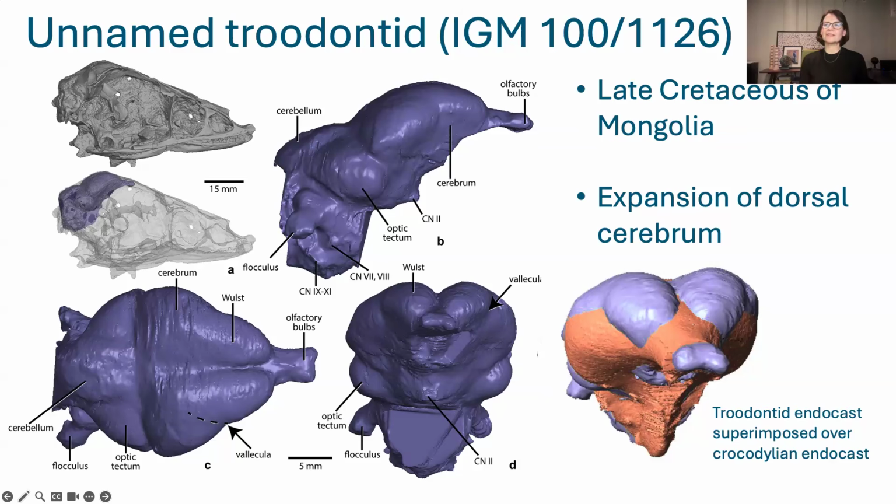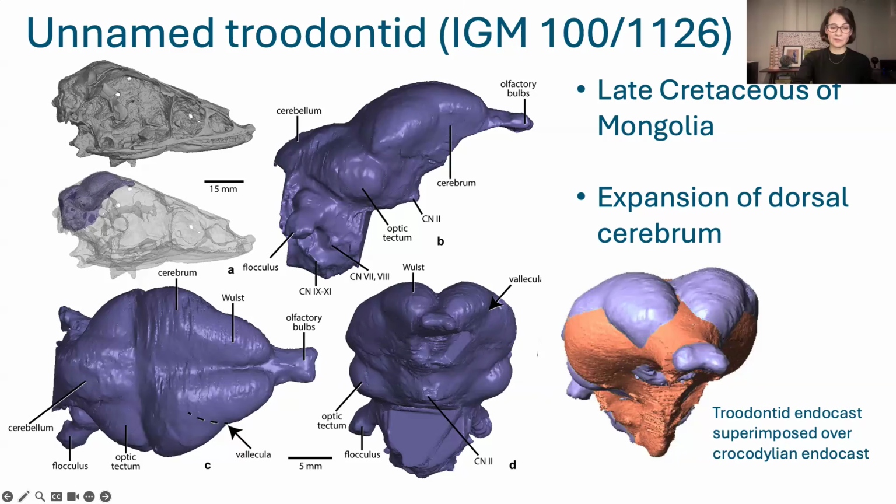Once I saw this, I thought, maybe I should go look at some of these other endocasts of other non-avian dinosaurs and see if maybe I just missed the Wulst in these other guys. Which wouldn't be surprising, because you would expect in the early history of some of these features, it's not going to be as prominent as it is in living birds.